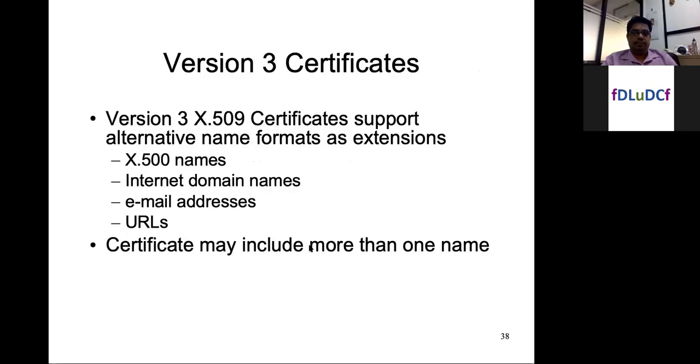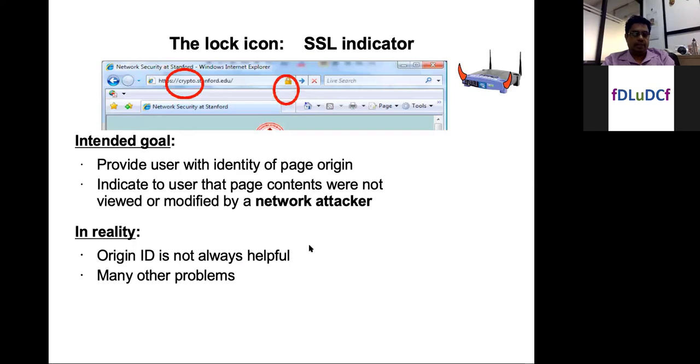Let's see how this looks on our browsers, so you can get a feeling for how it works. For that, I will share my Firefox browser. Let's see, I have it here.